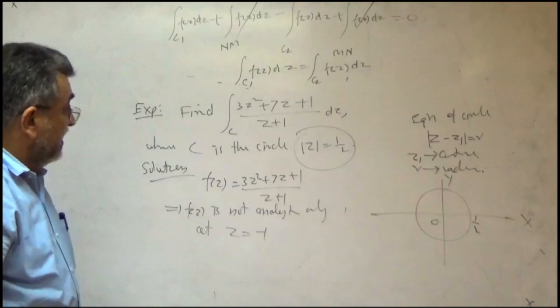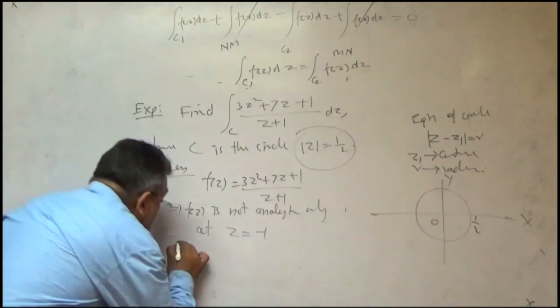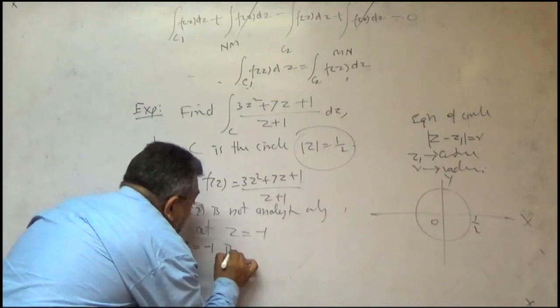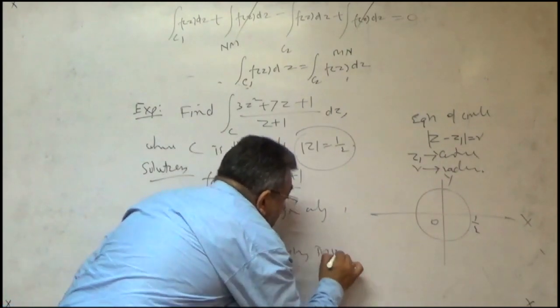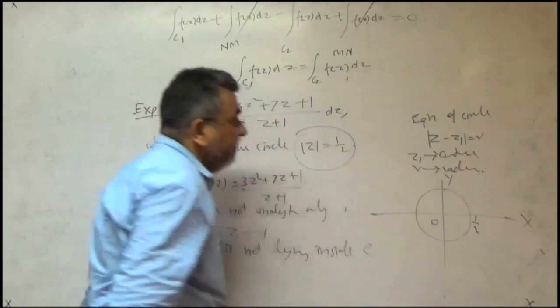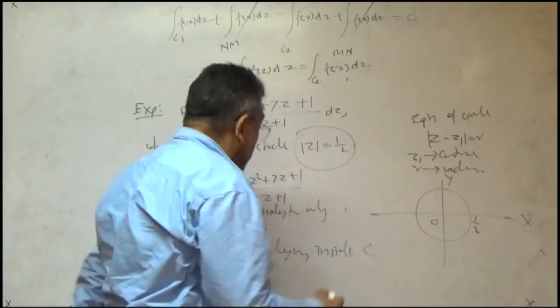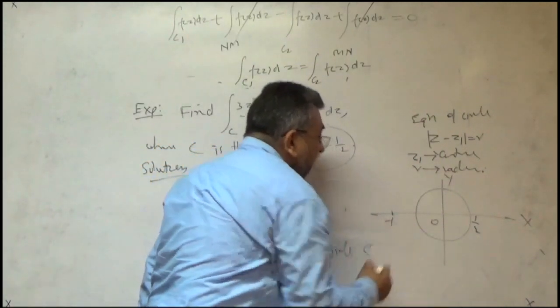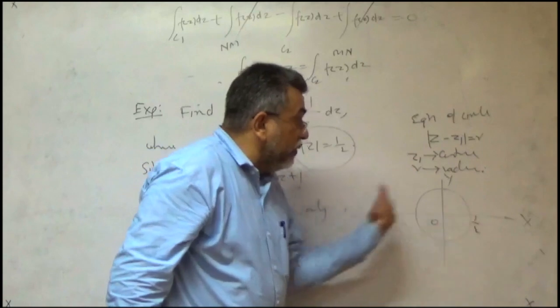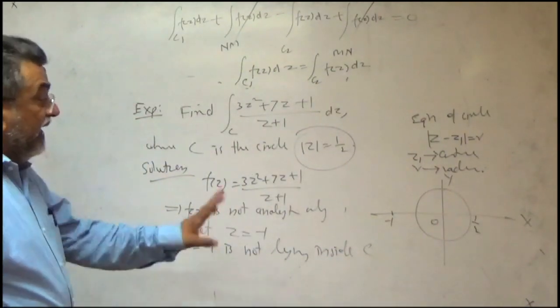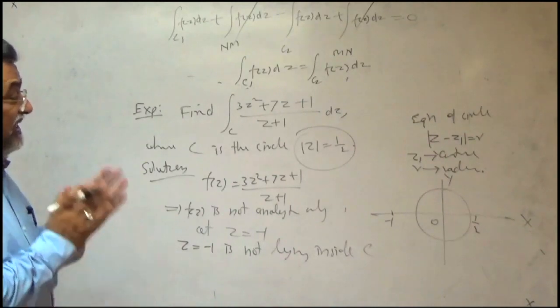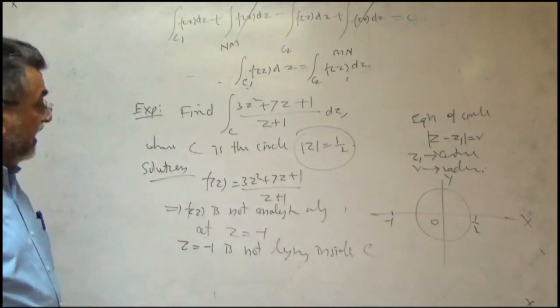And z = −1 is not lying inside C, because −1 is here and the radius is 1/2. So −1 is not lying inside C, meaning −1 exists outside this circle.